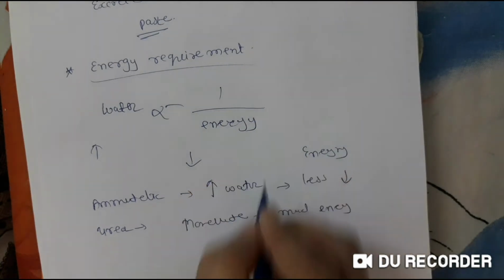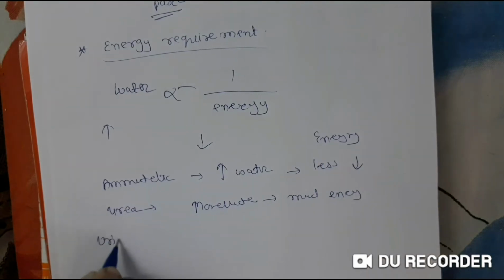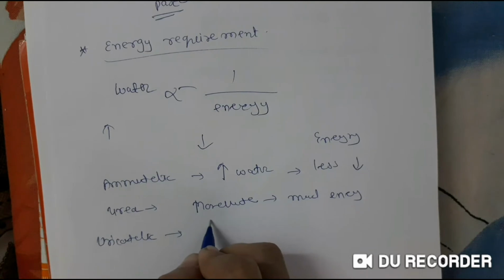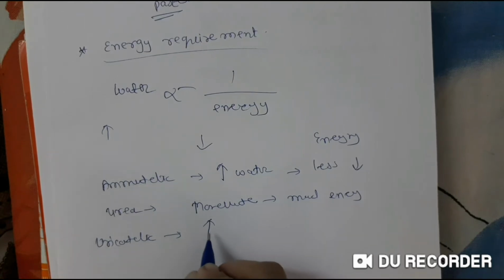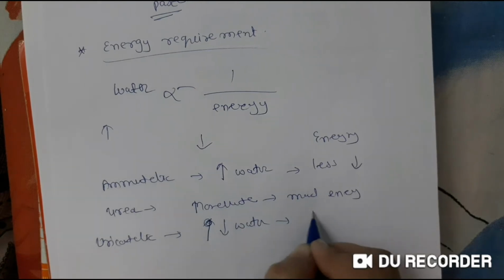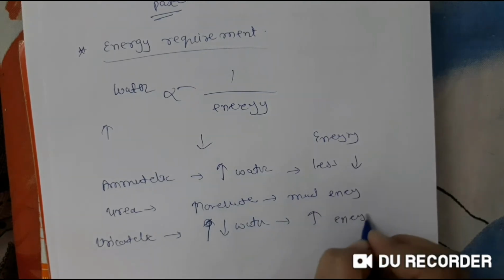This is the energy requirement. Uricotelic animals require a very small amount of water, so a large amount of energy is required.